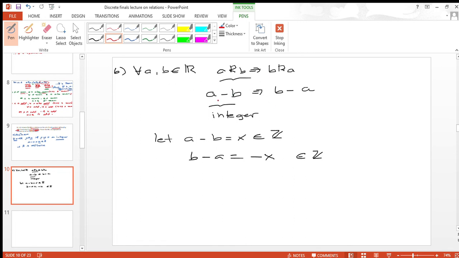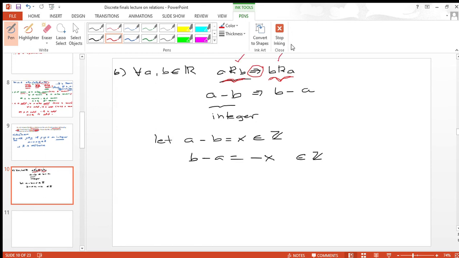To satisfy that property, you have A R B implies B R A. So this is an integer, and you only need to show that B minus A is an integer. It doesn't say that they must be equal. It says that if this is satisfied, this must also be satisfied based on the open sentence.